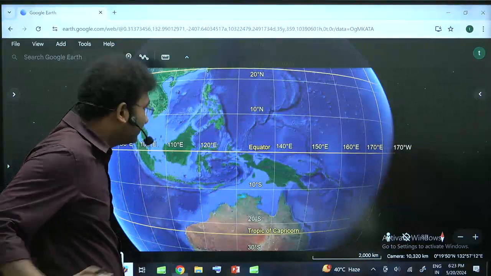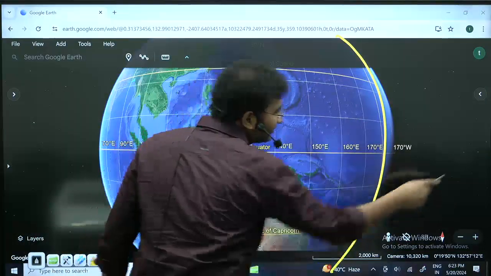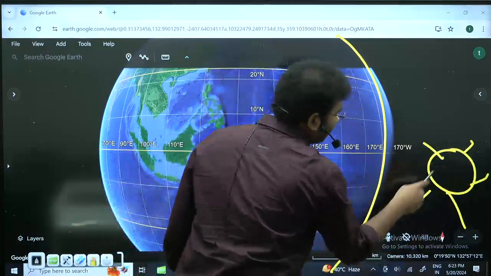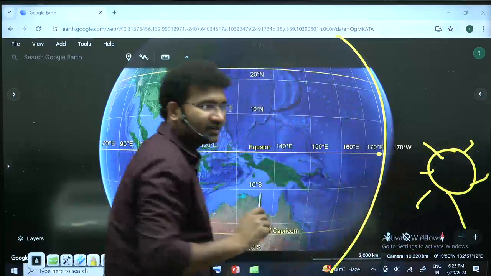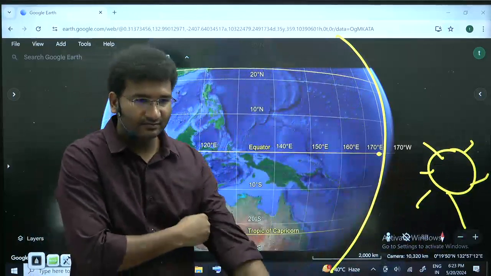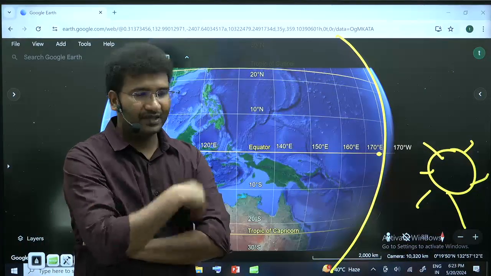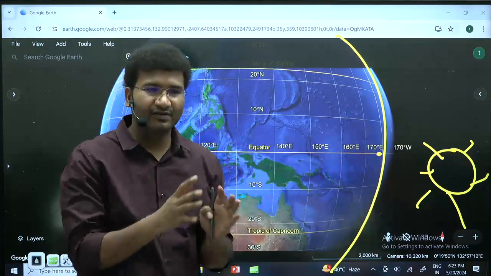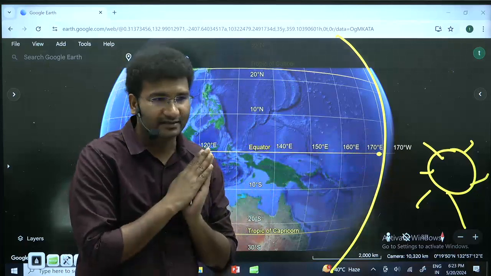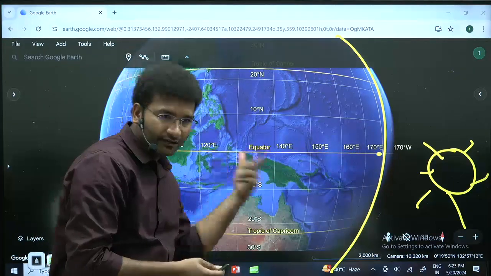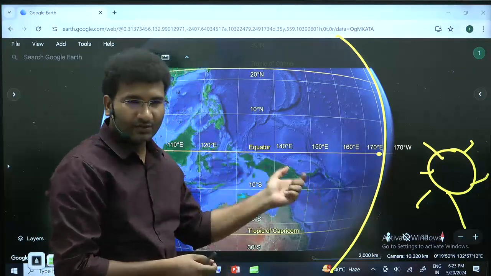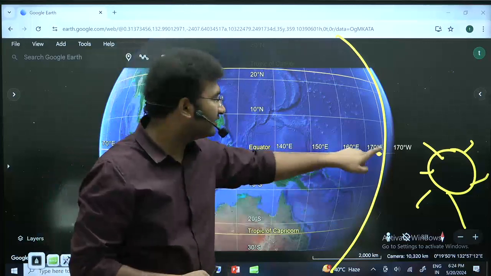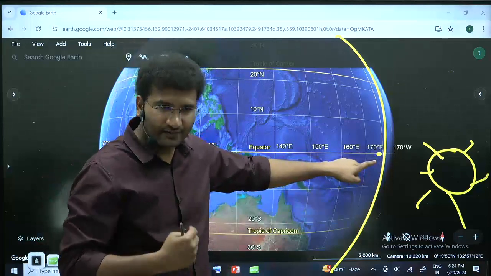If suppose this is the line and this is the sunlight, from this place we'll start to measure the date. Okay? East to west. From this particular 179 east, that is the place where we'll start to measure the date, because earth is always rotating from west to east. So if suppose the day starts from this point, the date starts from this point.